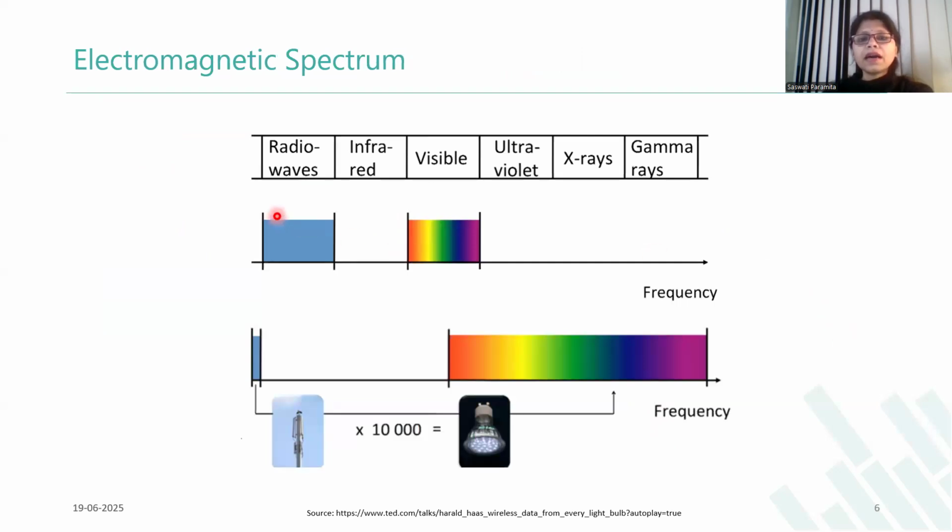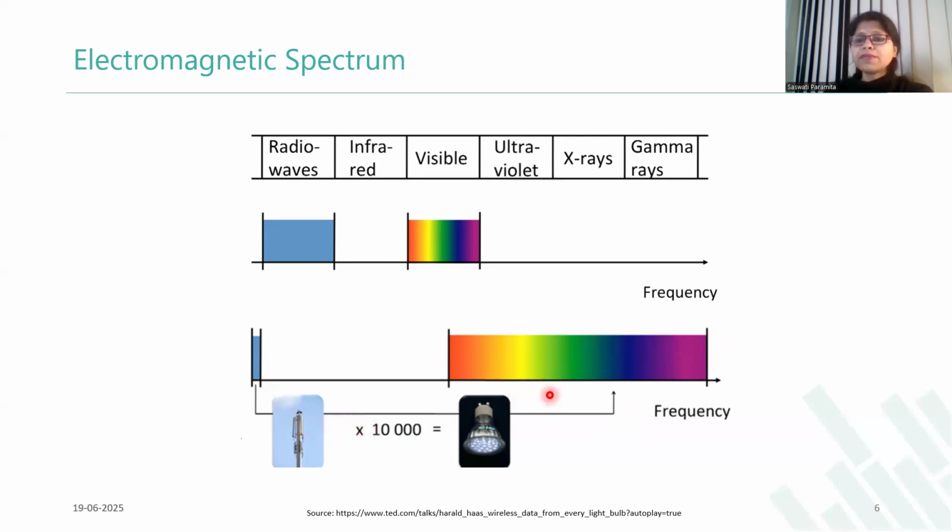If we compare radio wave availability and visible light spectrum availability, when we utilize billions of base stations, the radio spectrum becomes too narrow to support them.